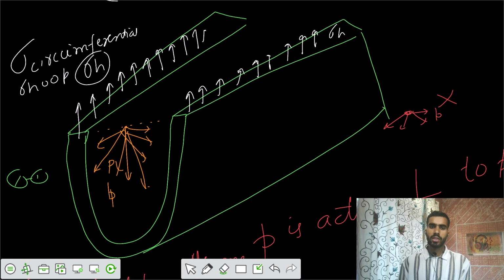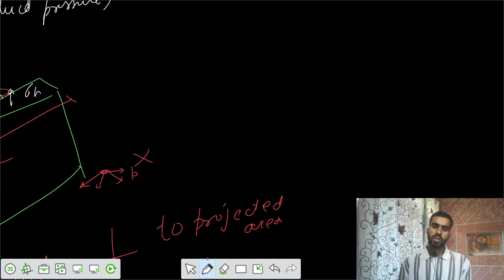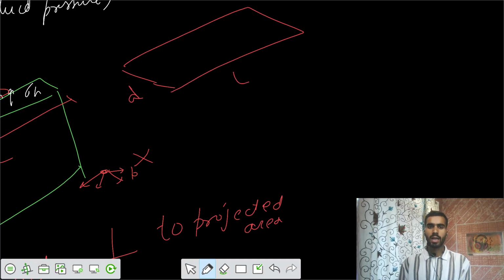If you cut that section and there is some diameter d and some length L, take the projected area of dimensions d and L. The inside fluid pressure is acting perpendicular to this, only in one particular direction.